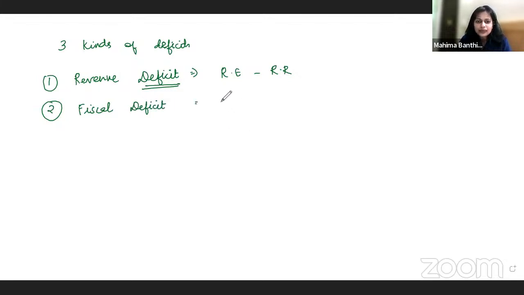Fiscal deficit would be all expenditure minus all receipts excluding borrowings.